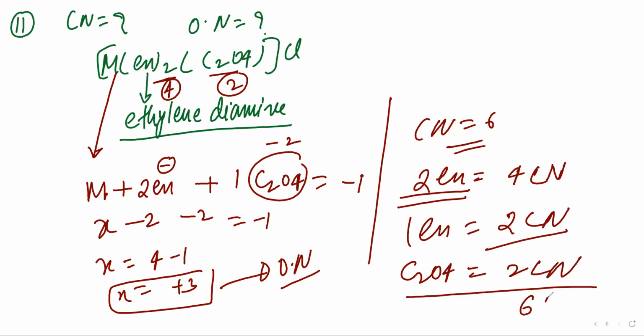So total 6 coordination number. So write it down. Now see the next sum, that is 12.